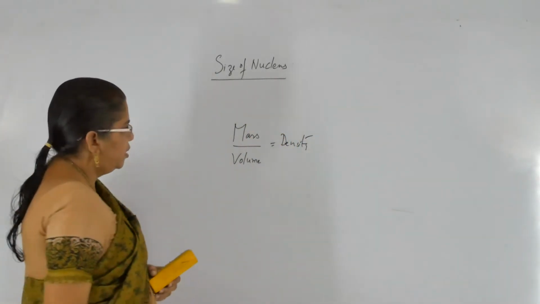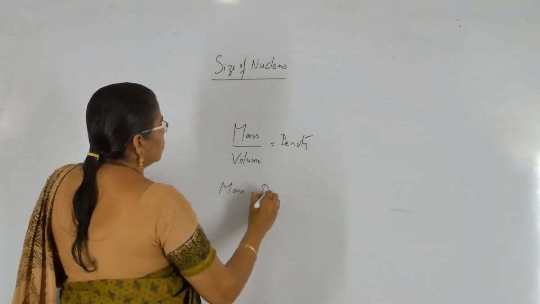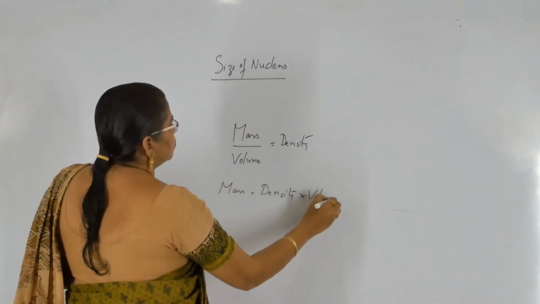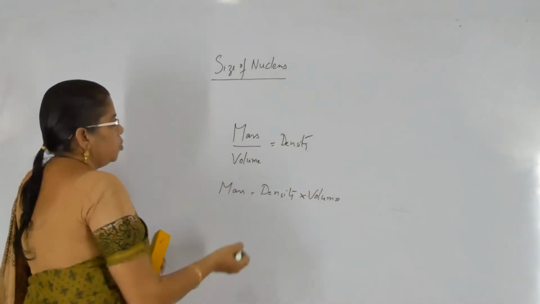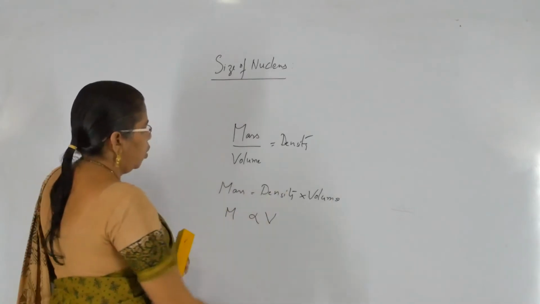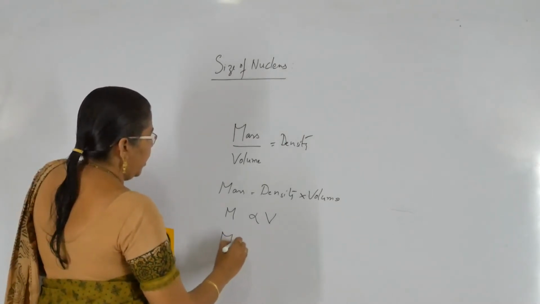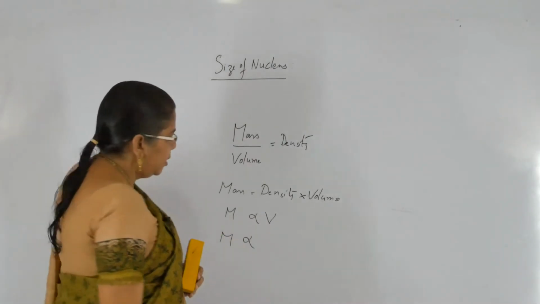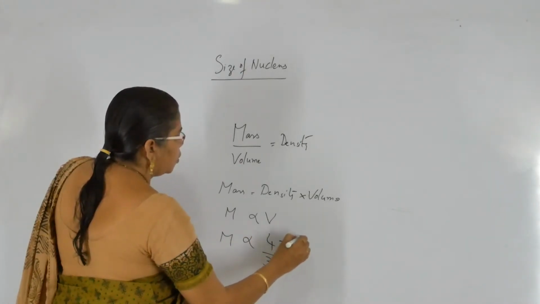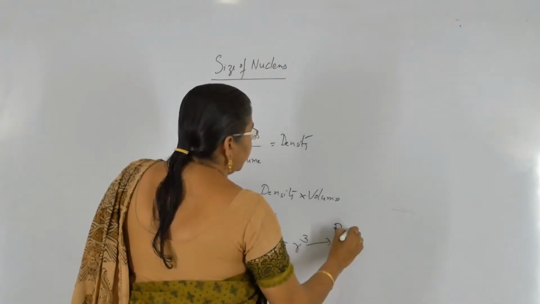So you can write mass is equal to density into volume. So mass is directly proportional to volume, and the nucleus is spherical in shape, so volume is 4 by 3 pi r cubed, where r is the radius.